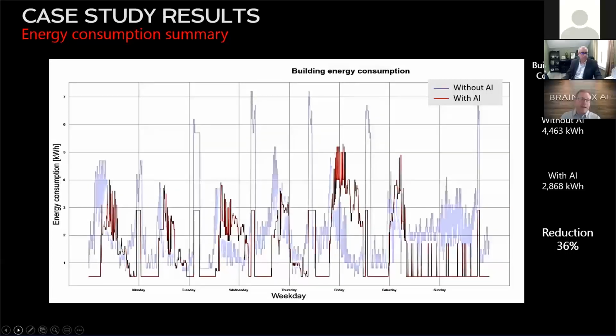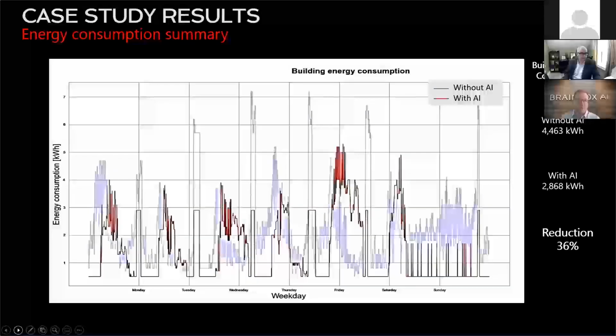The AI makes decisions based on reducing energy consumption. When we have all those virtual meters, we can look at total energy consumption for HVAC, and side by side, week by week, if you look at before BrainBox and after BrainBox, we had a 36% reduction in energy consumption.